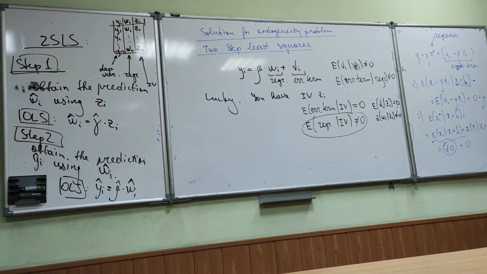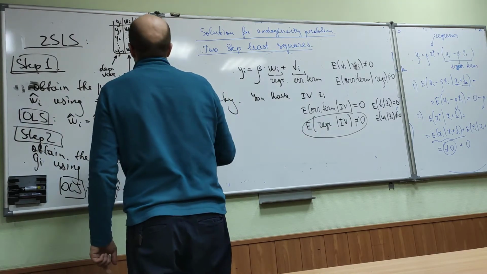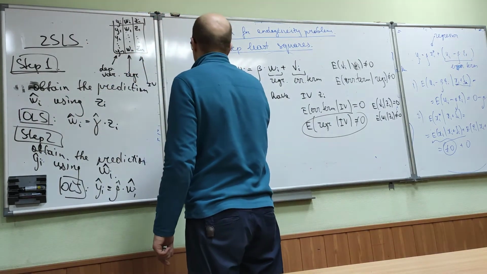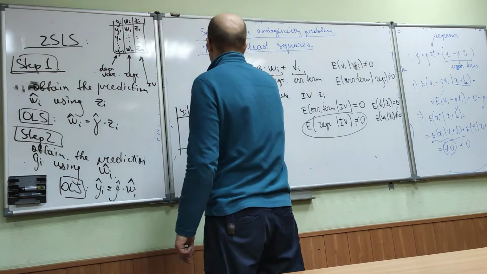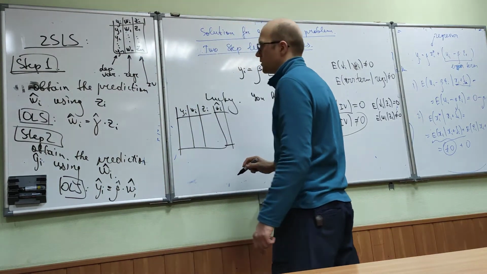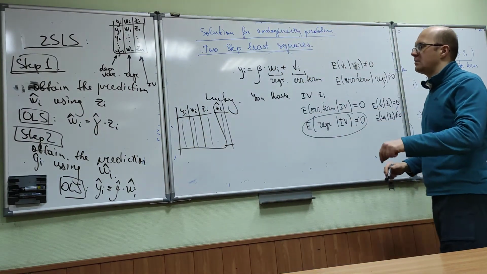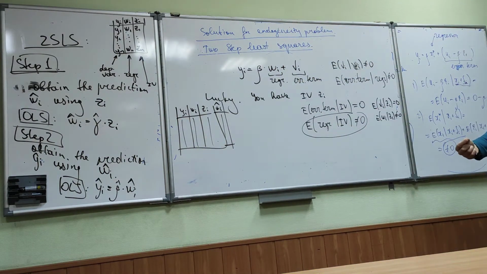After step one you have four variables: y, w, z, and predicted w.